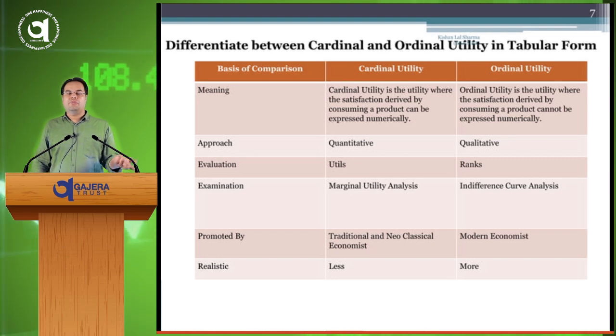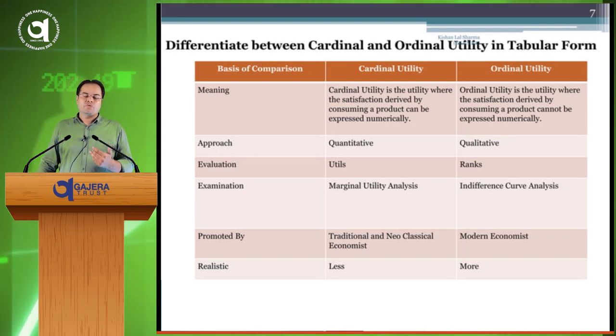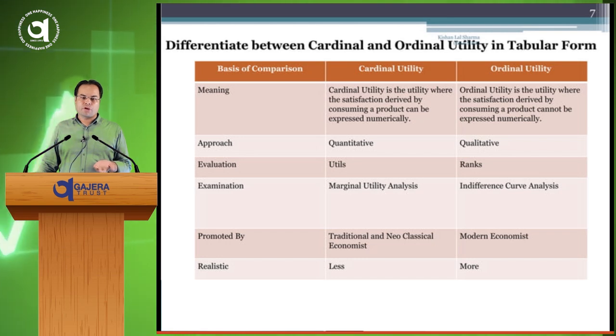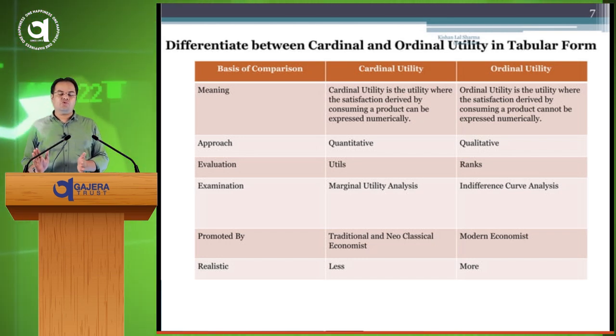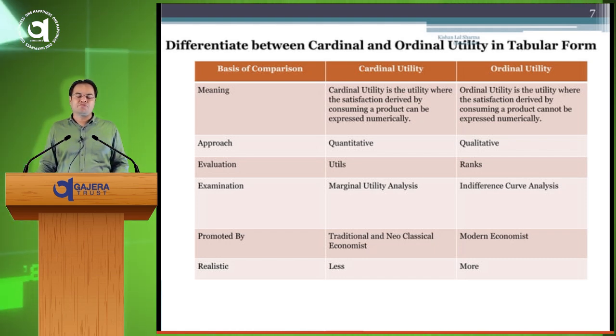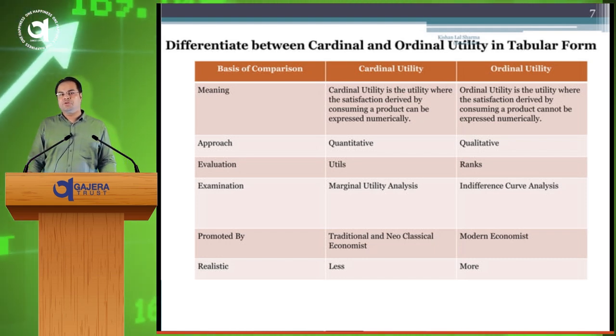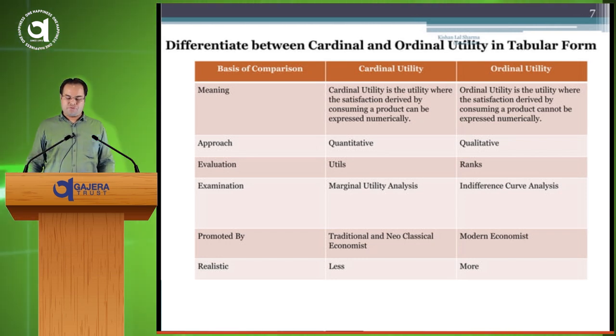If I ask how much you like this product, you will say you like it more or less, but you cannot give proper numeric terms like 10, 20, 30. So ordinal utility is more applied in real life, whereas cardinal utility is applied very little in practical terms.